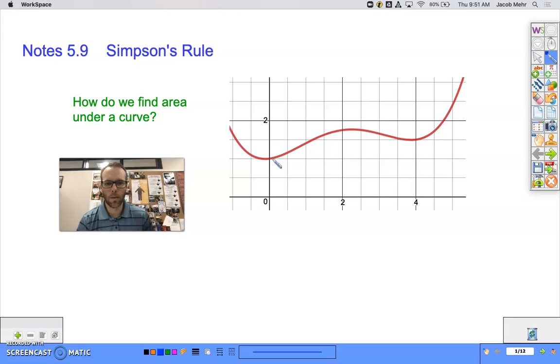Well, let's say we use those same intervals that we used before on my sketches. One thing I want you to recall is that with a parabola, it takes 3 points to make a unique parabola.